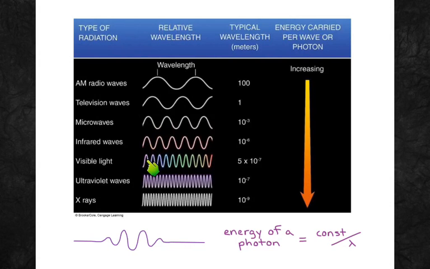You get down to things like ultraviolet. Well, ultraviolet, if you're exposed to that, it actually causes your skin to change color. And so it's carrying a bit more energy associated with it because it's shorter wavelength. If you get all the way down to things like X-rays, they carry quite a bit of energy per individual burst, and so they're actually capable of causing damage to your cells.